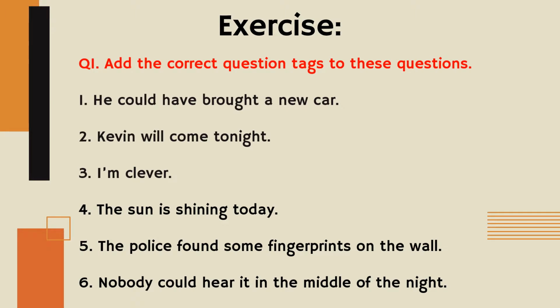Fifth one is the police found some fingerprints on the wall. Sixth one is nobody could hear it in the middle of the night. So the sentences are given and you have to add a correct question tag to each of the sentence.